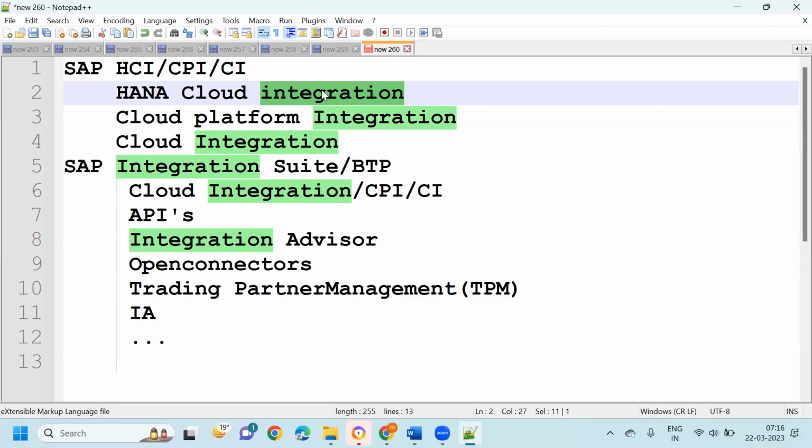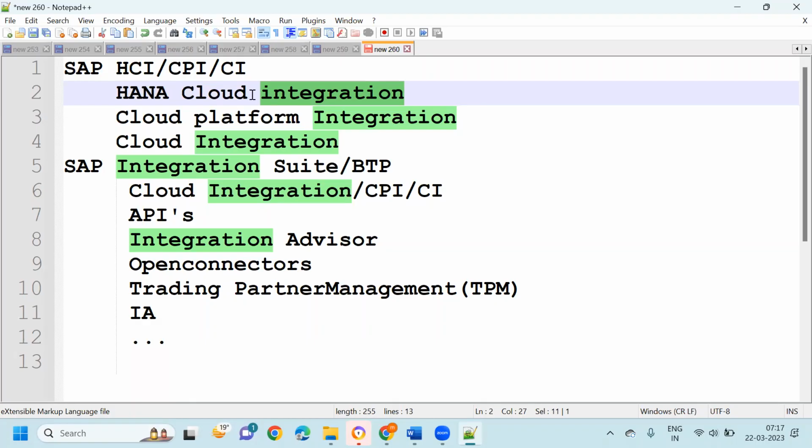The alternative to this cloud integration technology is SAP PIPO, SAP Process Integration or Process Orchestration. PIPO is called an on-premise integration technology, whereas SAP CPI, Integration Suite or Cloud Integration is called a cloud integration technology.